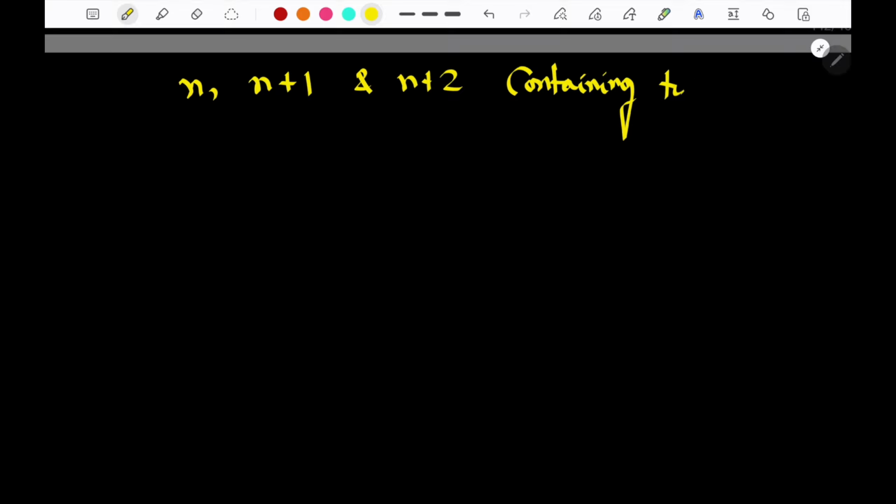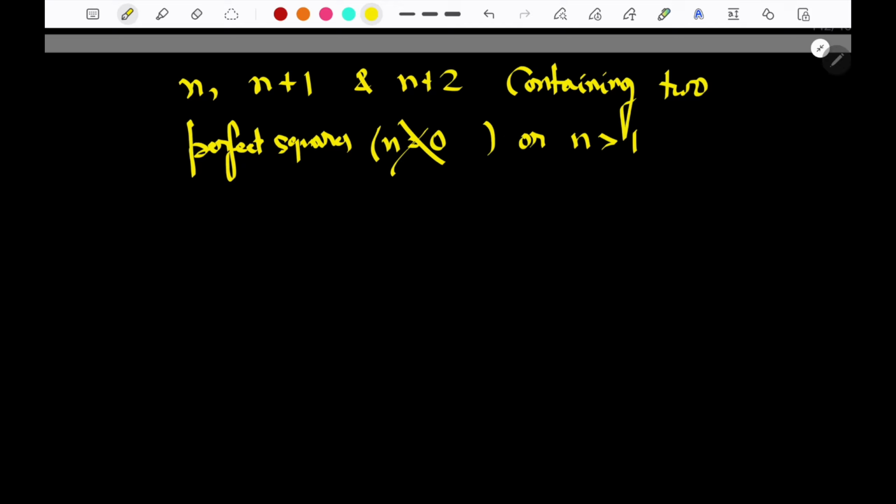Okay, so let's check out again. Finalizing what we are saying: n plus 1 and n plus 2 containing 2 perfect squares, with 0 not allowed, or n greater than 1, is not possible.